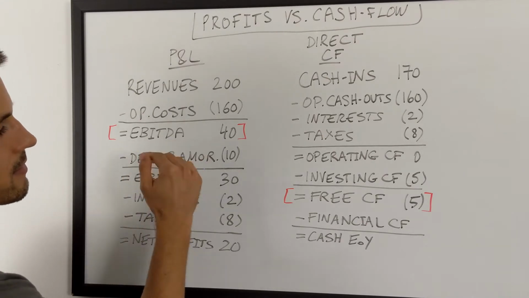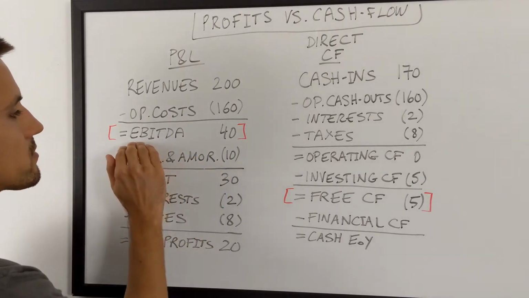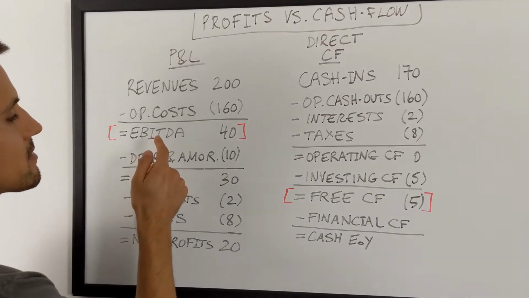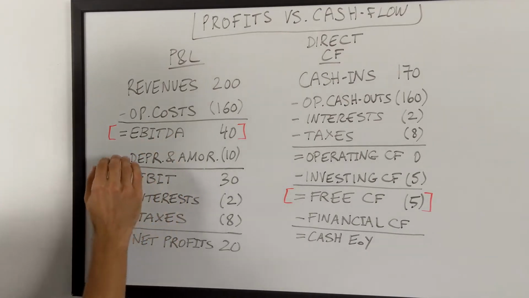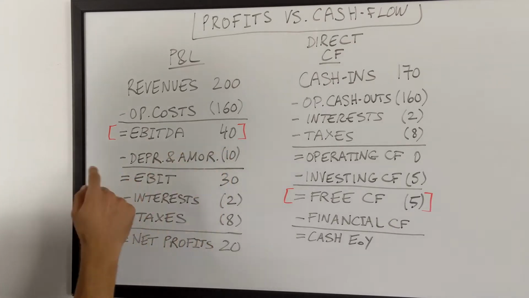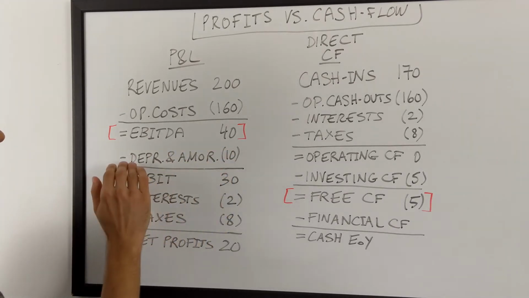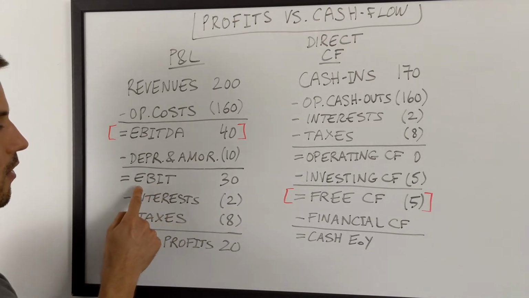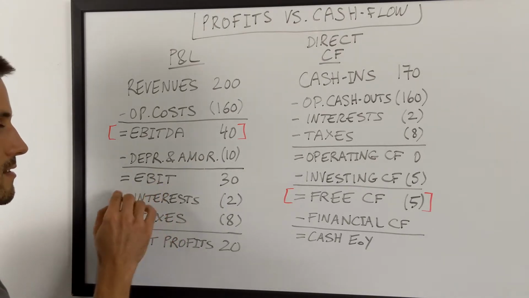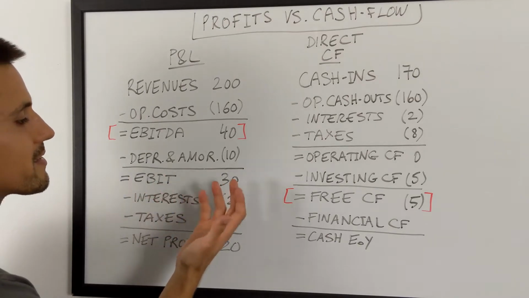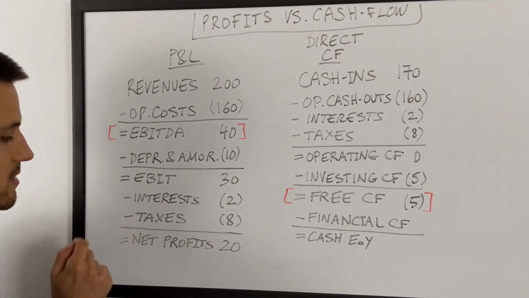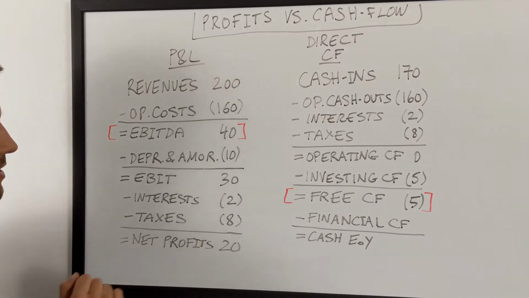And here, what you're usually going to see is the term EBITDA, earnings before interest, taxes, depreciation, amortization, which means operating profits. Then we get rid of the loss of value, depreciation and amortization, which brings us to earnings before interest and taxes. That's basically your pre-tax and pre-interest profit. Then we get rid of interest and taxes, which leads to the net profits.